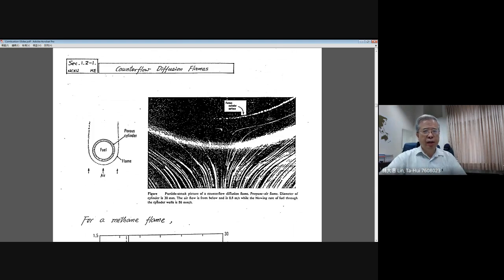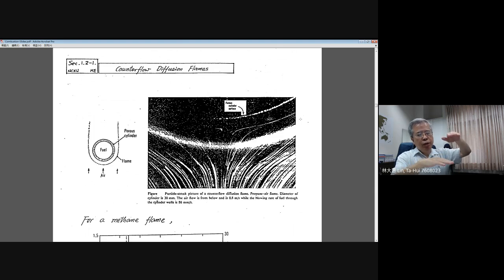Okay, as I described earlier, this bright line represents the streamline of the particles going through the air side. And here there is the bending. You can see there is the bending, right? And this bending tells you there is a stagnation plane existing here. But this stagnation plane is different from the previous one we discussed.